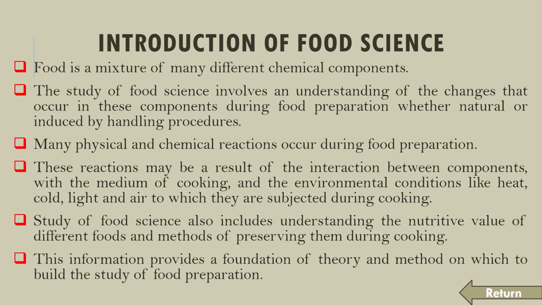These may happen due to interactions between food components, the cooking medium, or even environmental factors like heat, cold, light, and air. Food science also focuses on the nutritive value of different foods and methods to preserve them. In short, it builds the foundation for both the theory and practical aspects of food preparation.